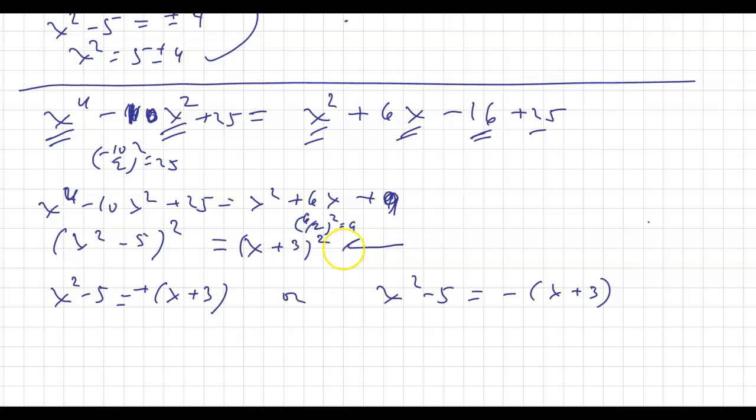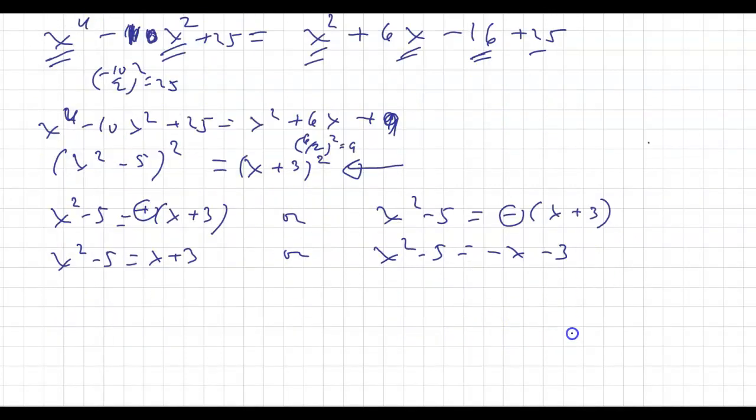Just like if this were a number here, like a 9, and we'd say it's either plus 3 or minus 3, same idea here. I split it up, one with a plus, one with a minus. So this turns into x squared minus 5 equals x plus 3. And this one turns into x squared minus 5 equals minus x minus 3.